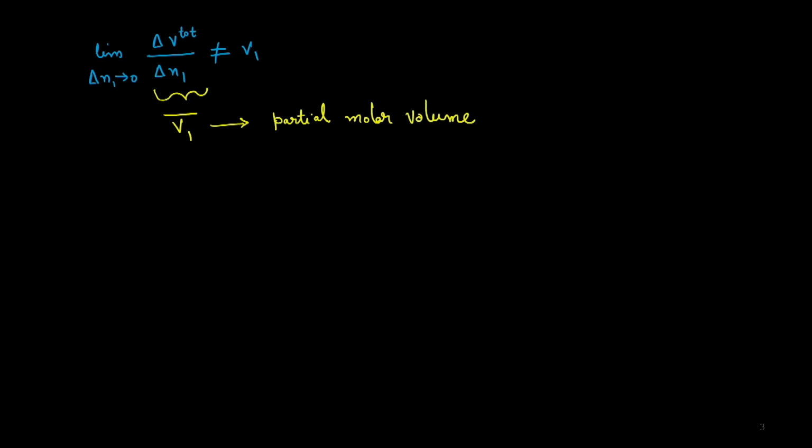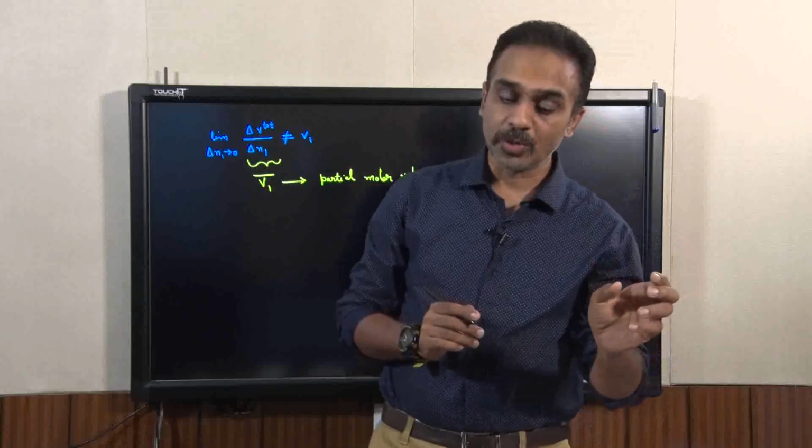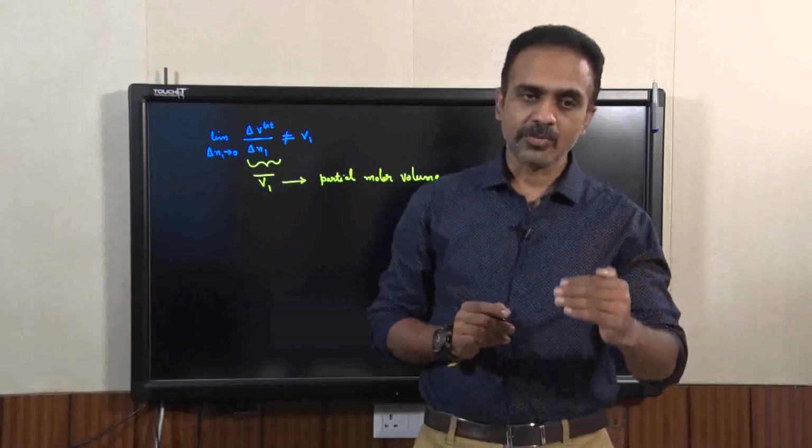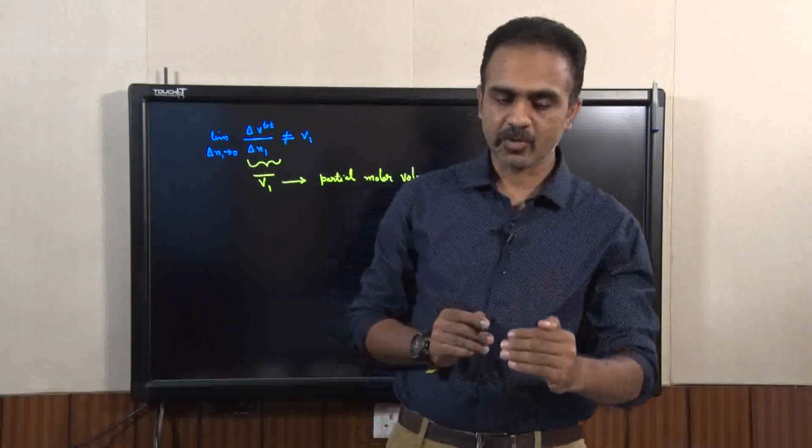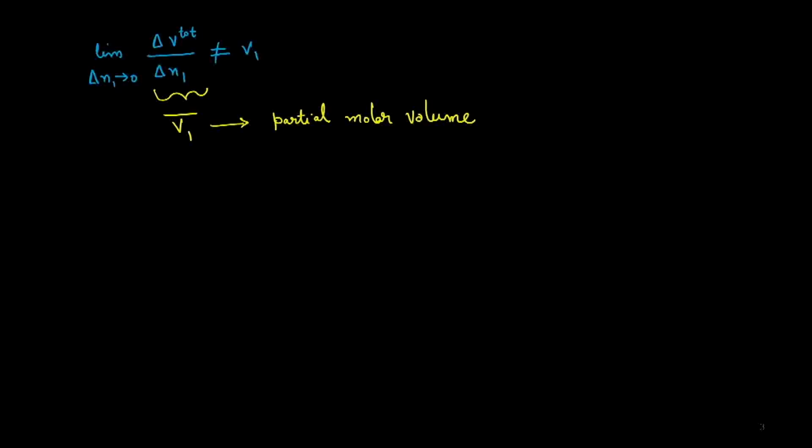We'll come back to why that name has been used when we derive more relations. But for now, let's call it partial molar volume. It is the change in total volume of the mixture divided by the change in the additional number of moles I have added for methanol. In this case, I have added methanol.